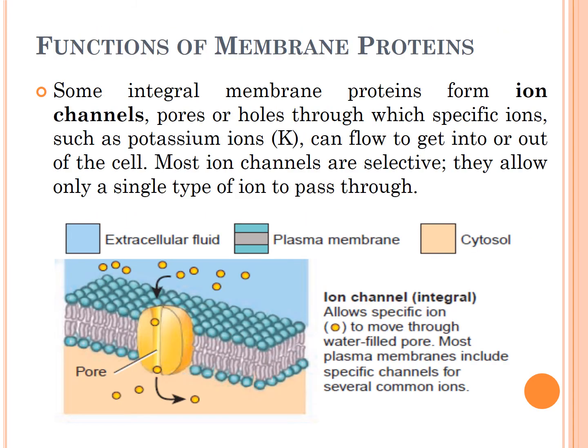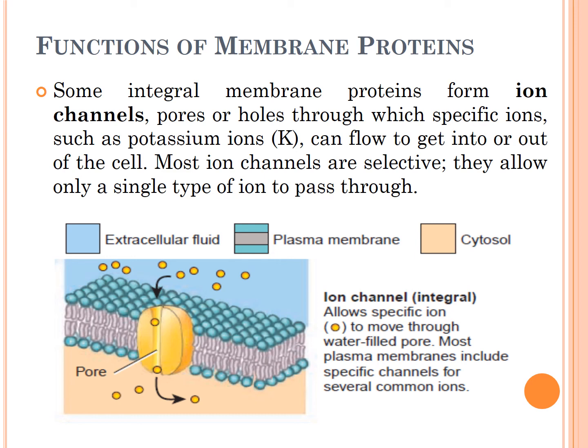Now, the second portion of today's lecture is the function of the cell membrane, the function of the membrane proteins. The first function is that some membrane proteins form ion channels, pores and holes, and through these specific ions such as potassium ions can flow into or out of the cell.